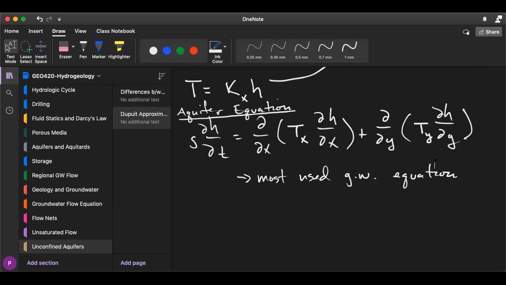There are some ways that MODFLOW tricks this equation to have vertical flow, but it's not very elegant and it's not actually very correct. Okay.